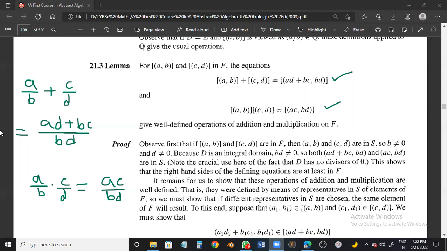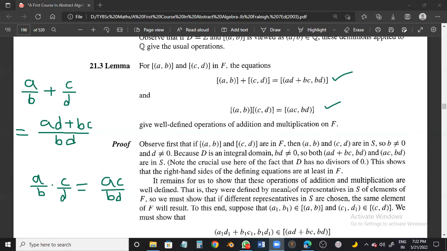So this BD will never be zero. In this case also, both elements belong back to your S. And this shows that the right hand sides of the definition give elements back in F.